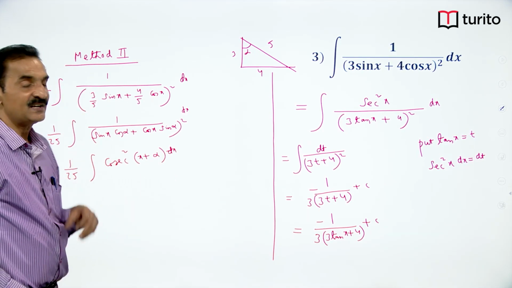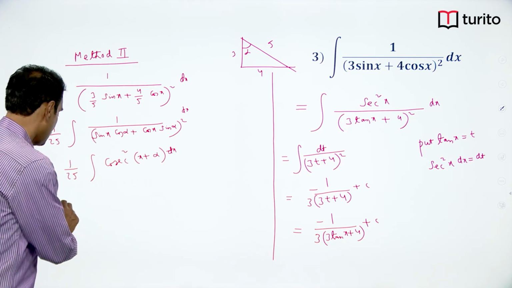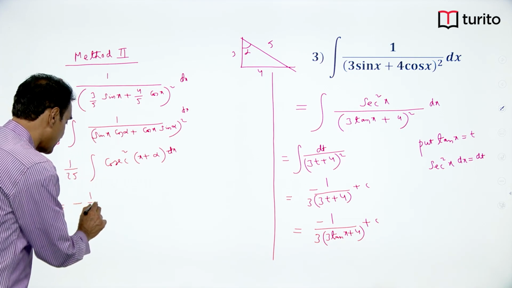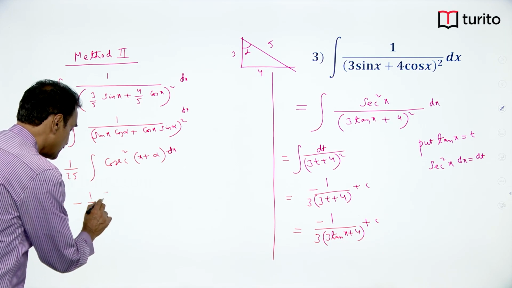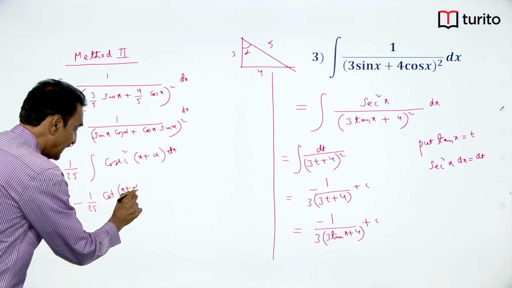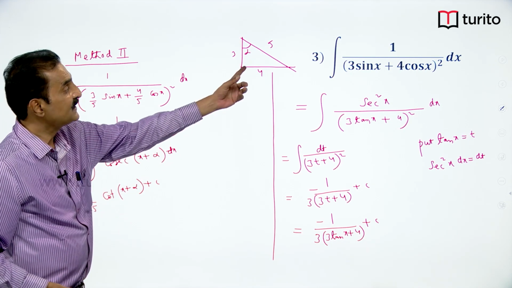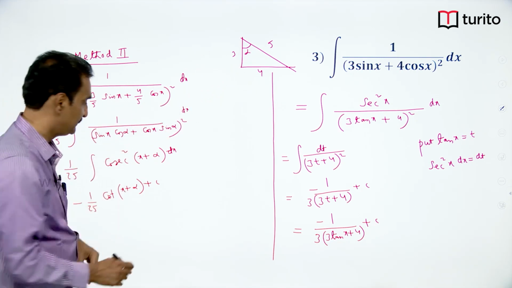What is the integral of cosecant square x? Minus cot x. So, it will be minus 1 by 25 cot (x plus alpha) plus c, where alpha is equal to tan inverse 4 by 3.